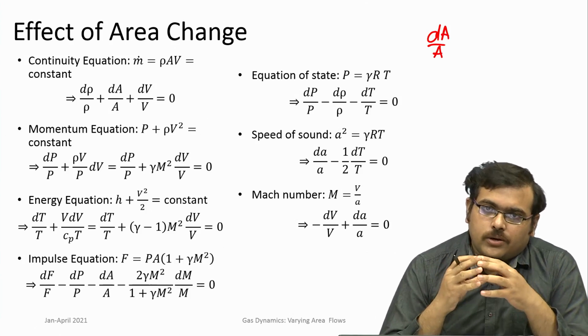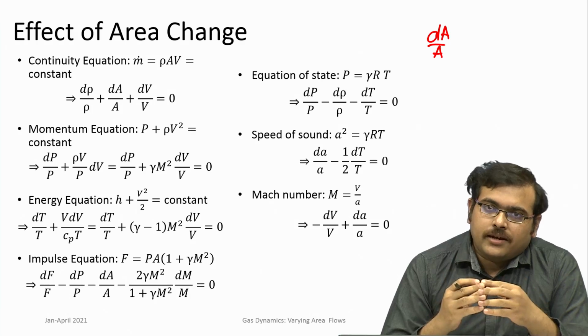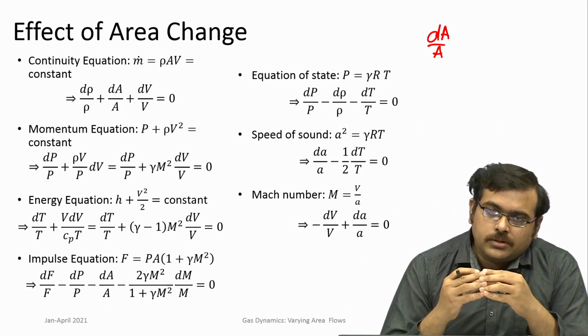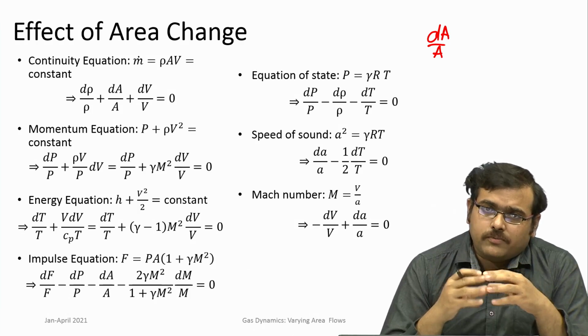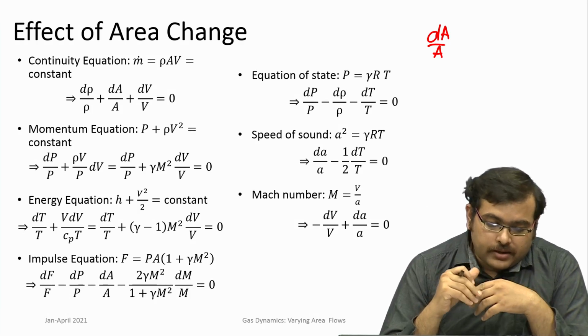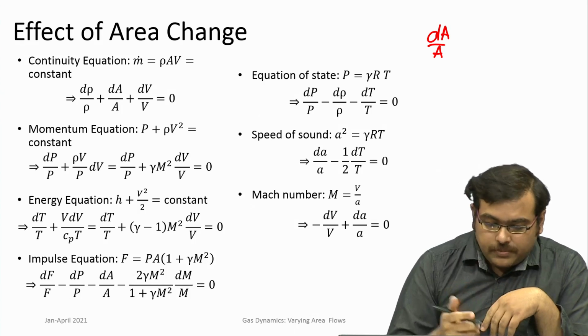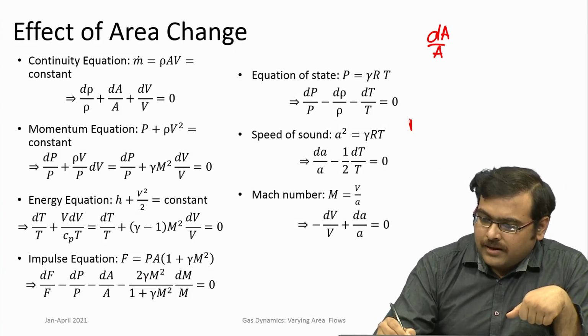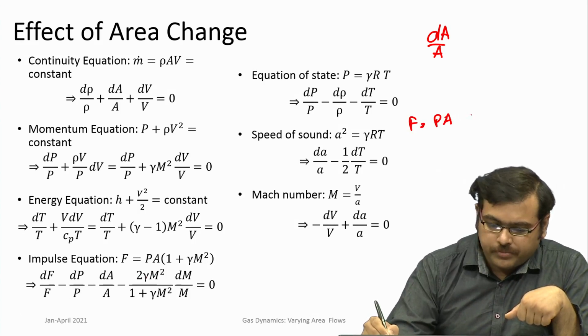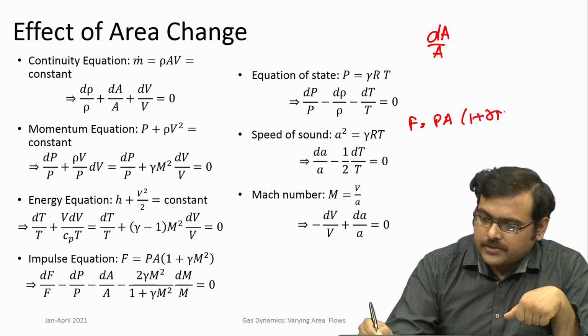You are changing area and you want to know what happens to all these quantities: pressure, temperature, velocity, Mach number, and another parameter is the impulse function. Impulse function F is PA multiplied by 1 plus gamma M square.